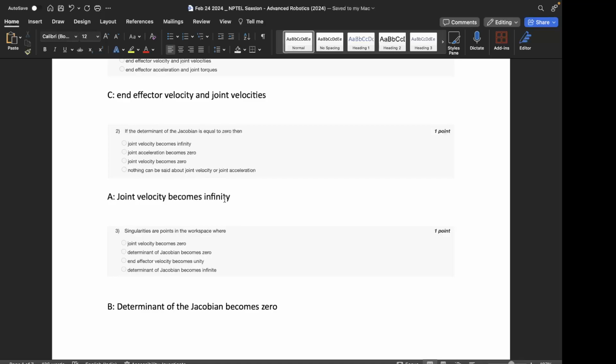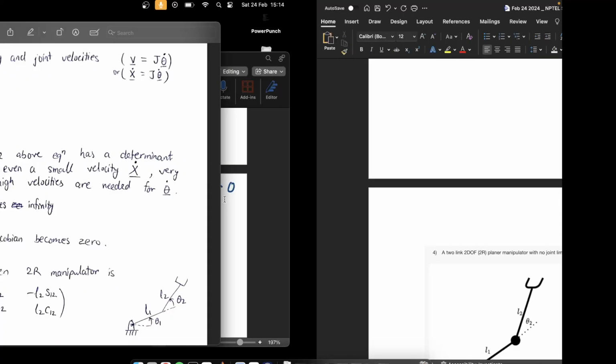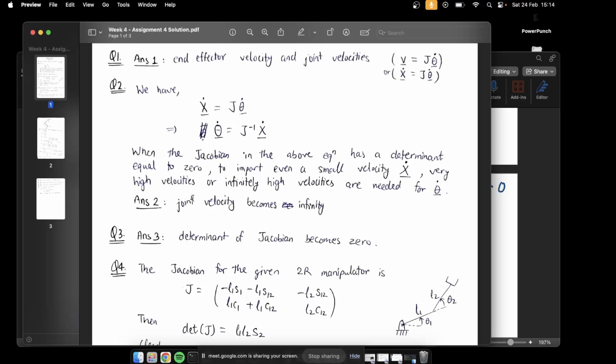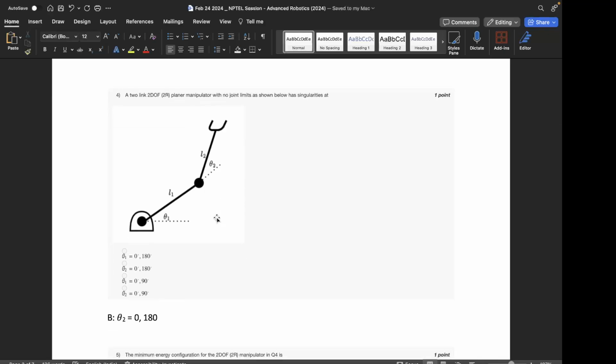That's one way of finding singular configurations. You would remember that in our week 3 discussion hour, I had shown how to find it for a 2R manipulator.